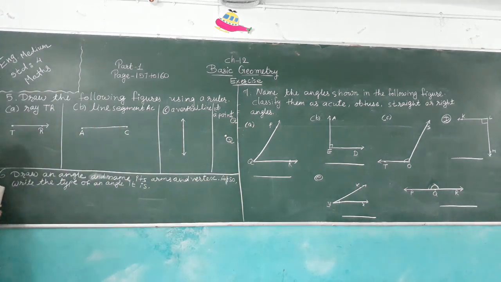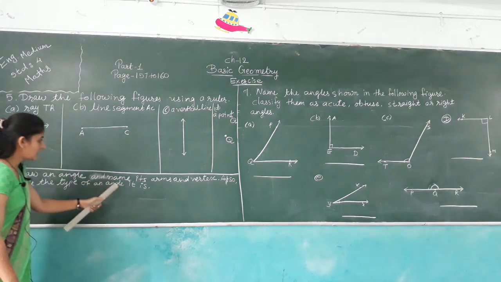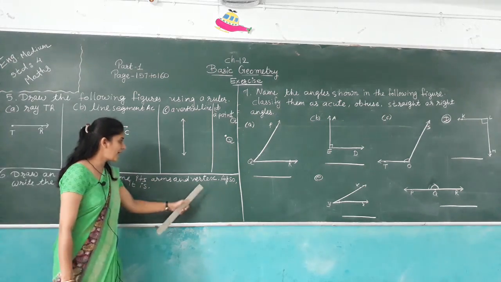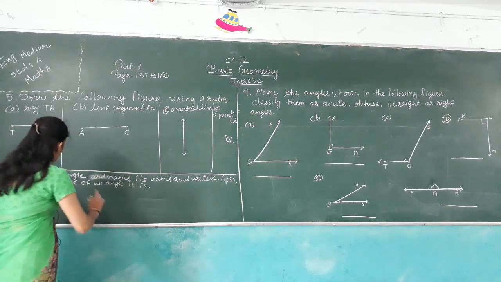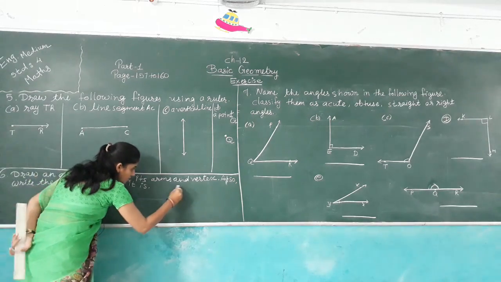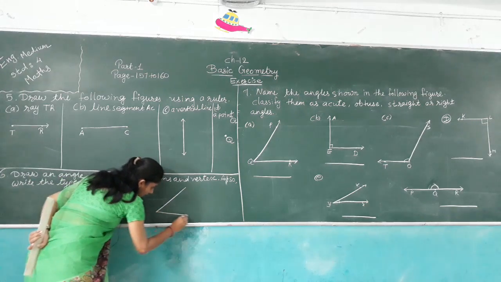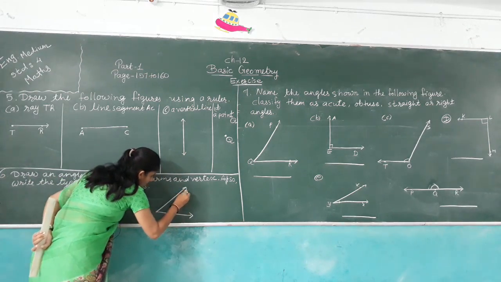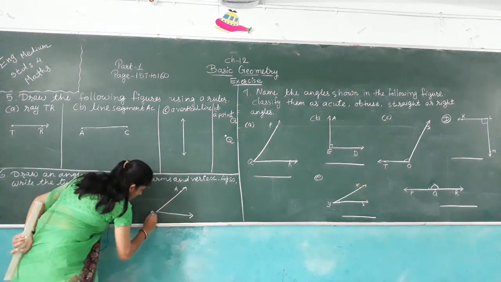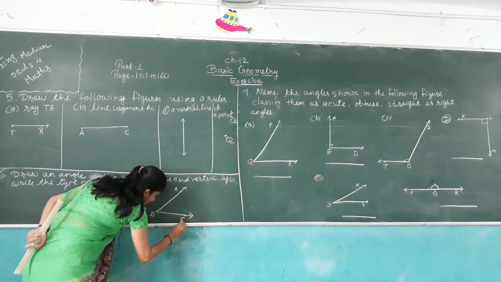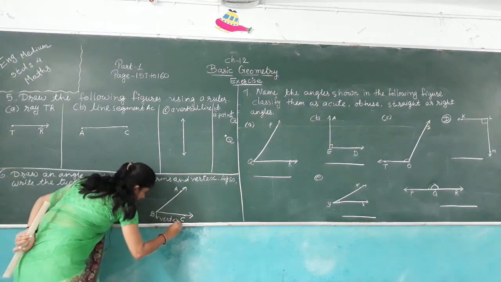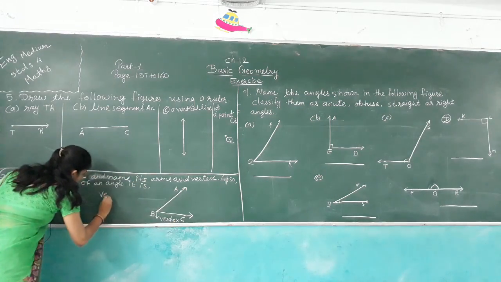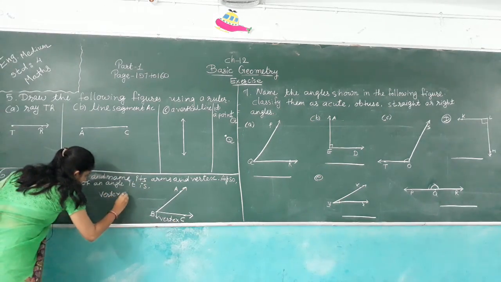Now the next one. Draw an angle and name its arms and vertex. Also write the type of angle. We draw this type of angle and name it ABC. B is the vertex.